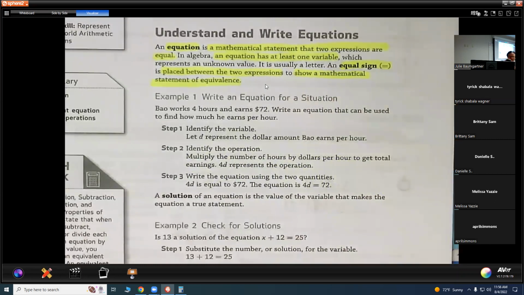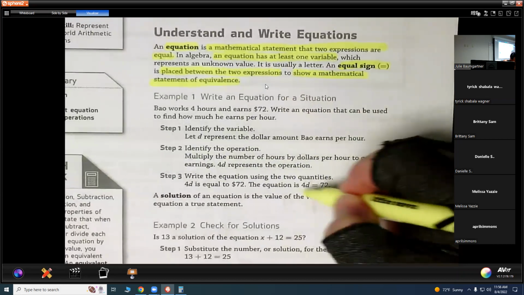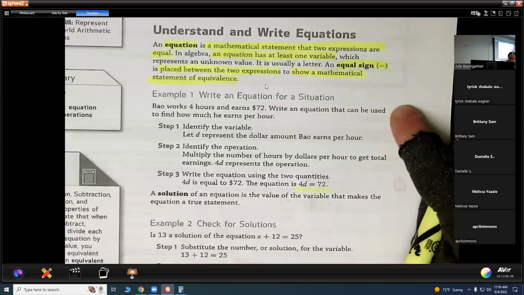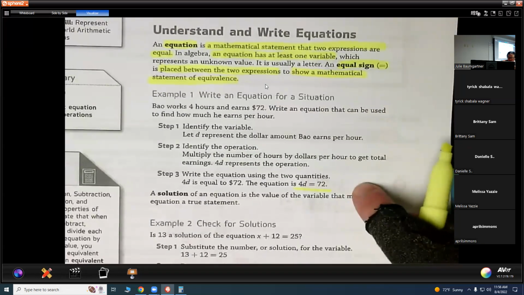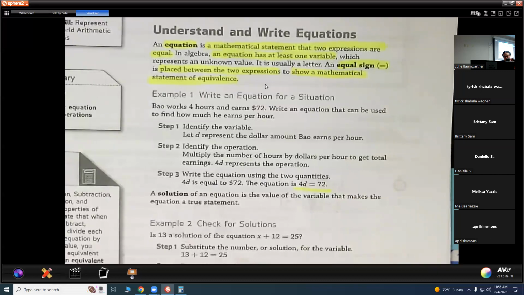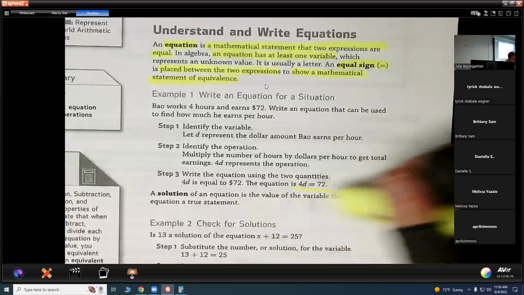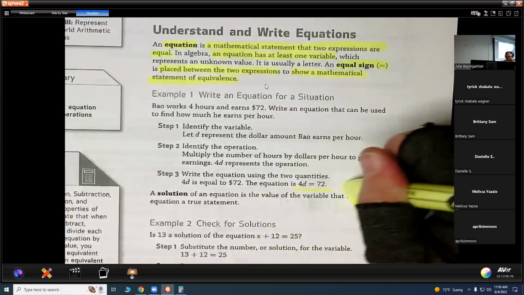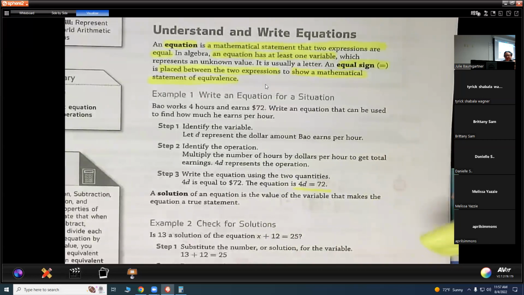Does this equation make sense? Would you guys have been able to read these two sentences and get to there? Hopefully. And so a solution of an equation is the value of the variable that makes the equation statement true. So can anyone tell me, what does D equal? Or how could we figure that out if we couldn't do it in our head?